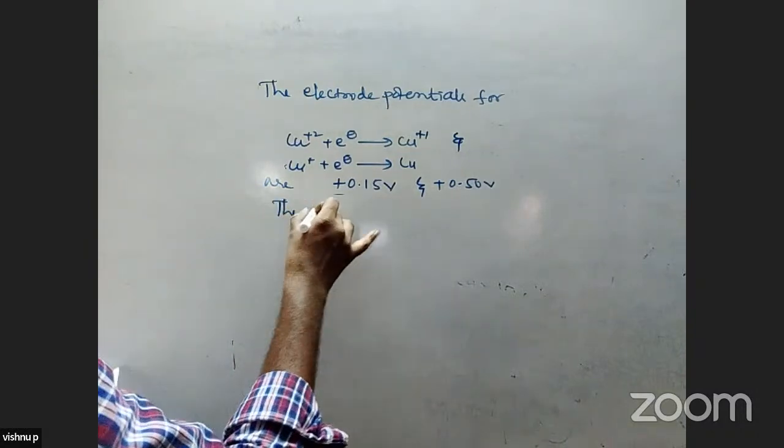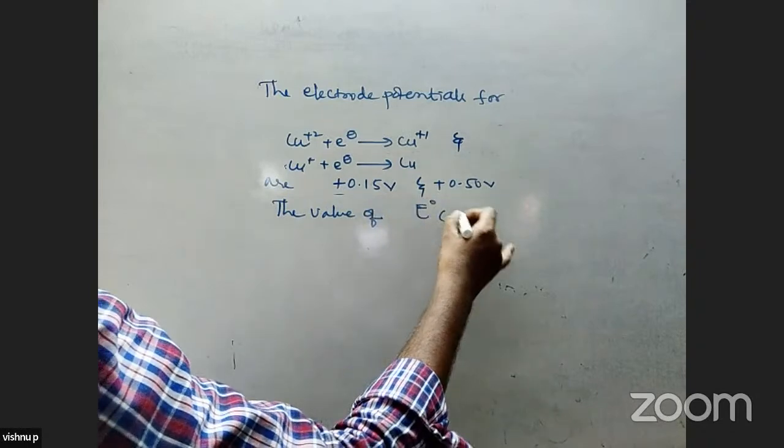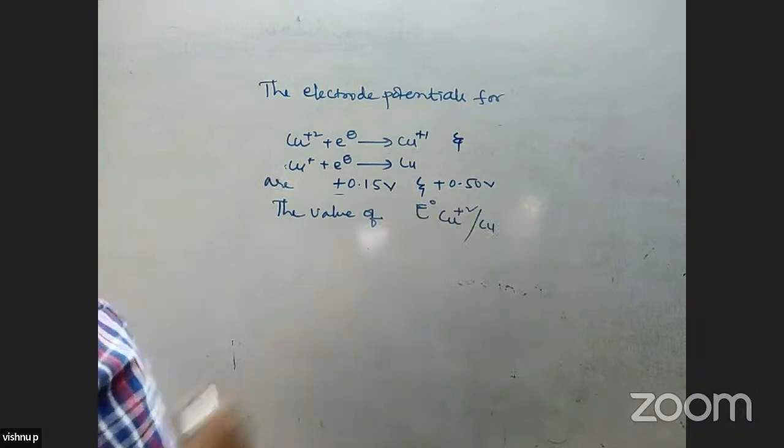The value of E naught of copper +2 by copper.